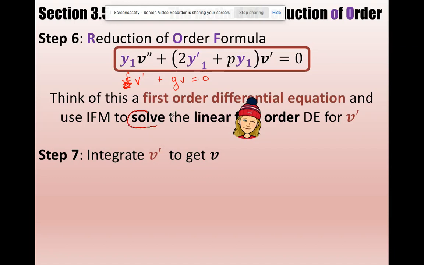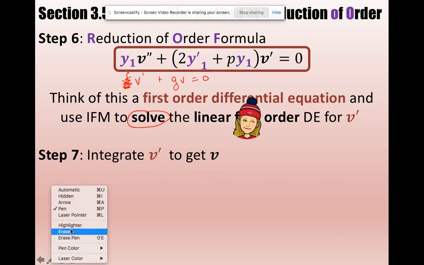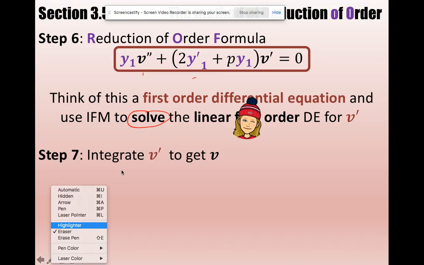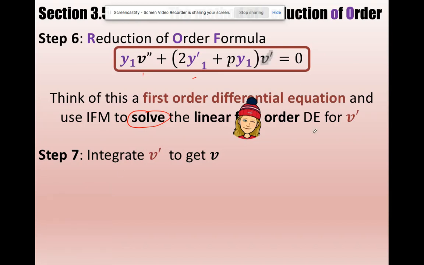And I'm going to solve that first order, wink wink, differential equation, but instead of solving for y like we normally did, I'm going to solve it for v prime.